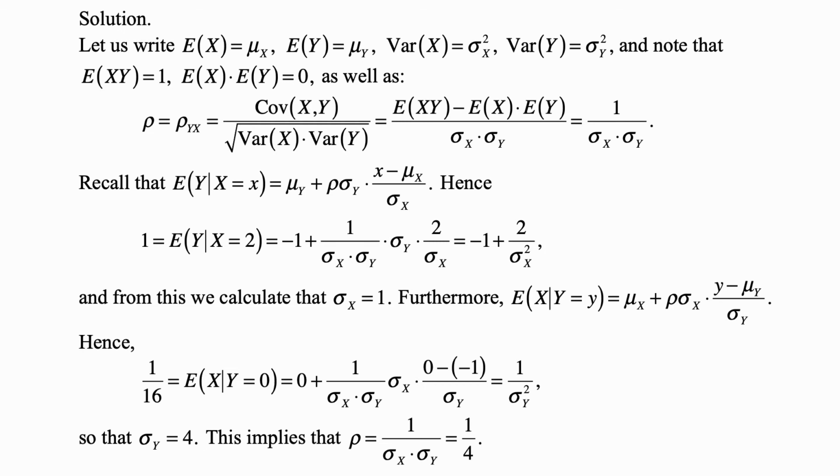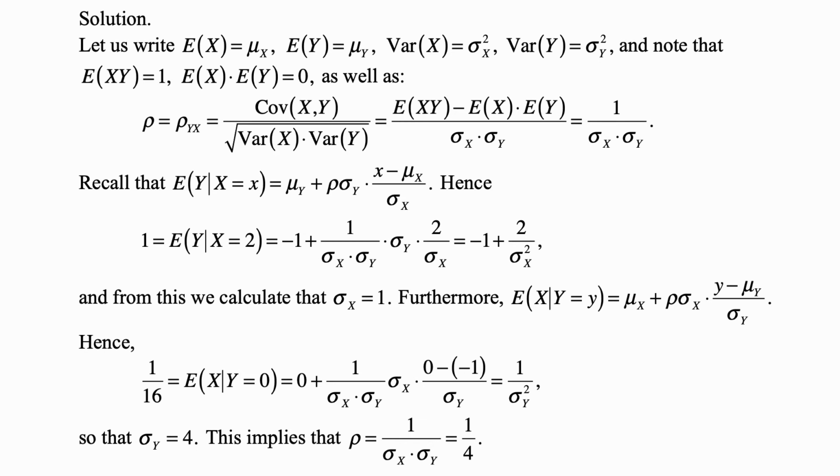And from this we calculate that sigma x must be equal to 1. If 1 is equal to -1 plus 2 over sigma x squared, then 2 is equal to 2 over sigma x squared, so that sigma x squared is equal to 1, and standard deviation is the square root of the variance, so it's 1.